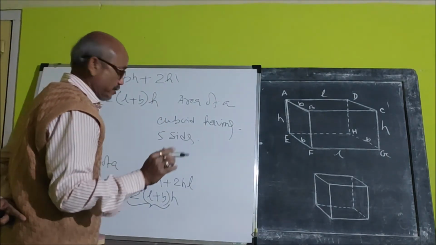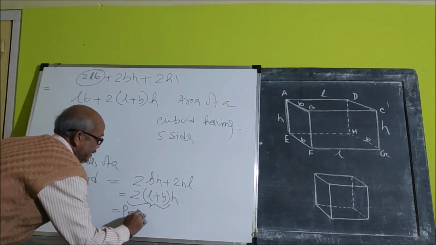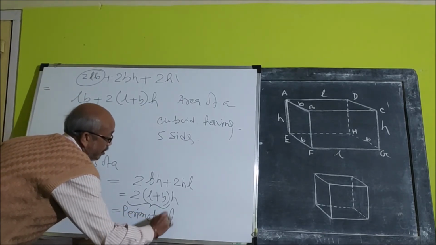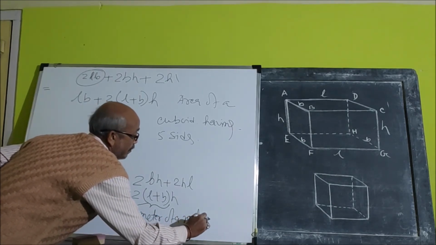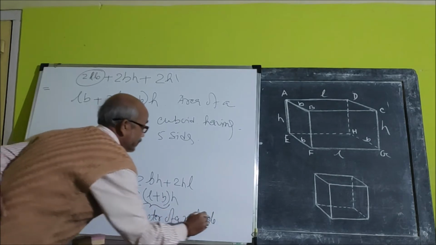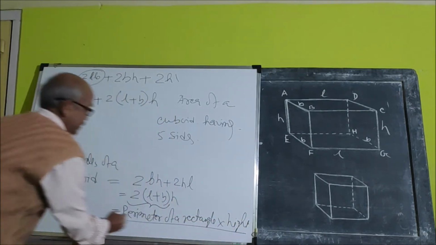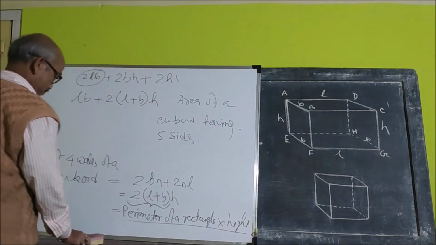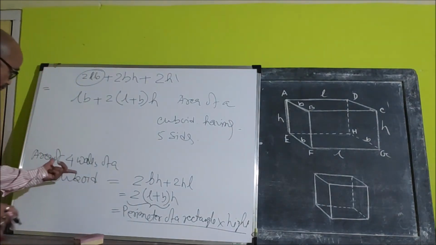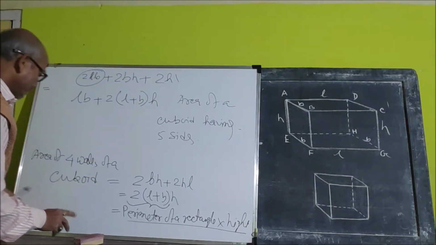We already know the perimeter of a rectangle, so we can write it as perimeter of a rectangle into height. Ultimately, we can write this as the area of the 4 walls of the cuboid.